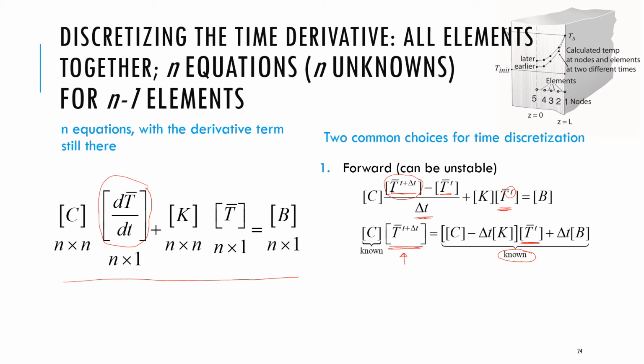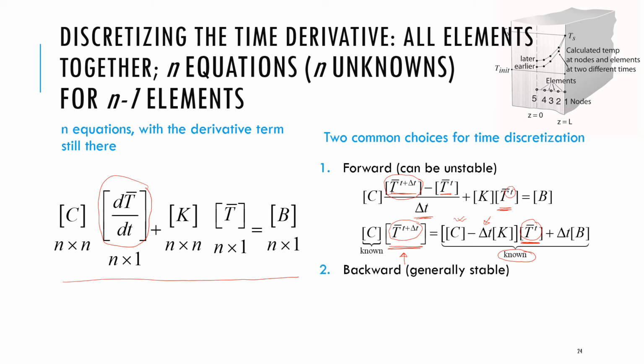Everything is known because, as I already discussed, the quantities inside the matrix are known, since we know the element size we chose and so on. Likewise, we know the time step, and we also know the temperatures at the current time step. So from there, we can find the temperature at the next time step.